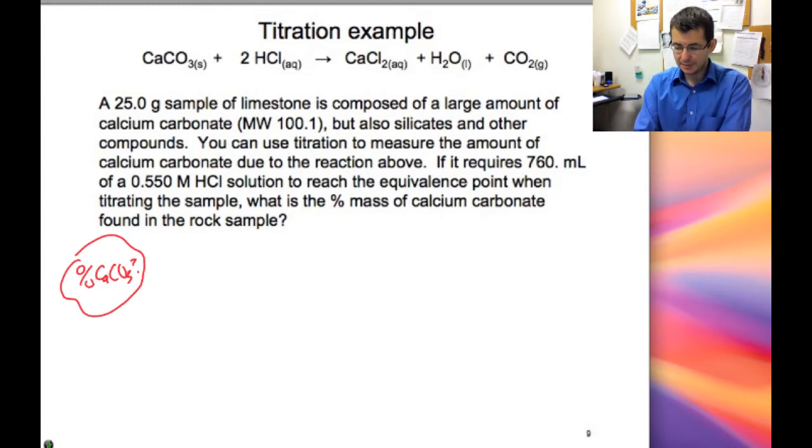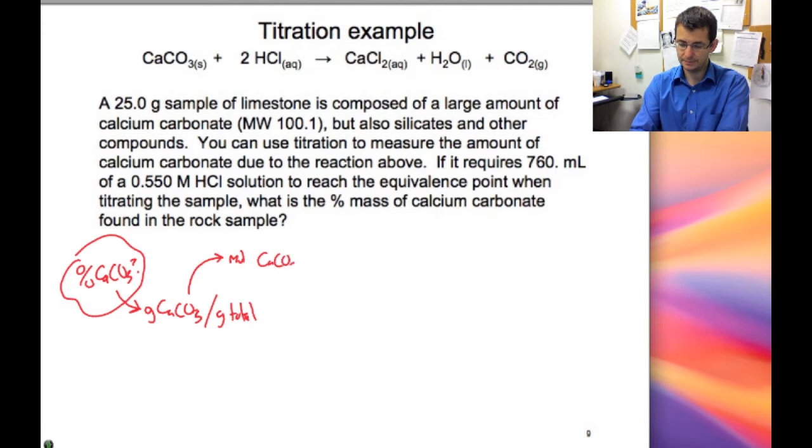So when we say percent calcium carbonate, what we're really looking at is grams of calcium carbonate compared to the grams total. Well, before we get to grams of calcium carbonate, we can get to moles of calcium carbonate. And before we get to the moles of calcium carbonate, we can figure out the moles of HCl.